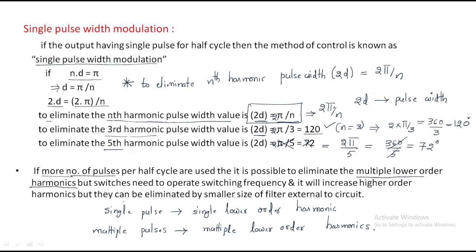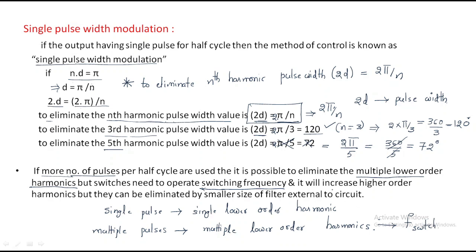But the switches need to operate at the switching frequency. So for that we have to use a particular switching frequency, otherwise the complete system will be disabled. The most important thing is the switching frequency, that means the switching time: at which time we have to turn the switch on and at which time we have to turn it off.